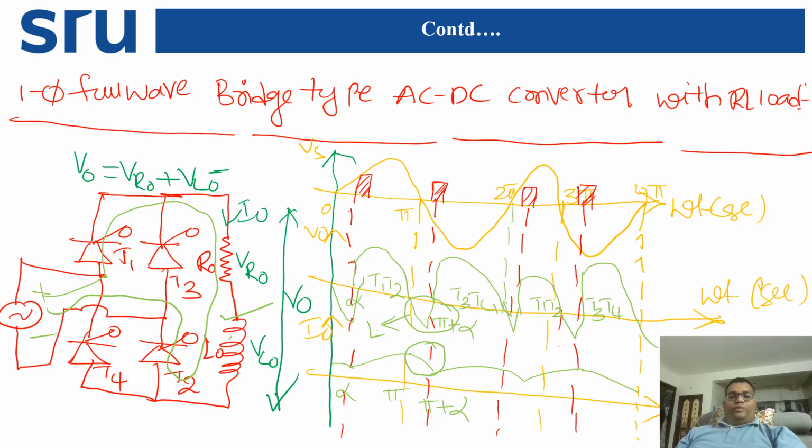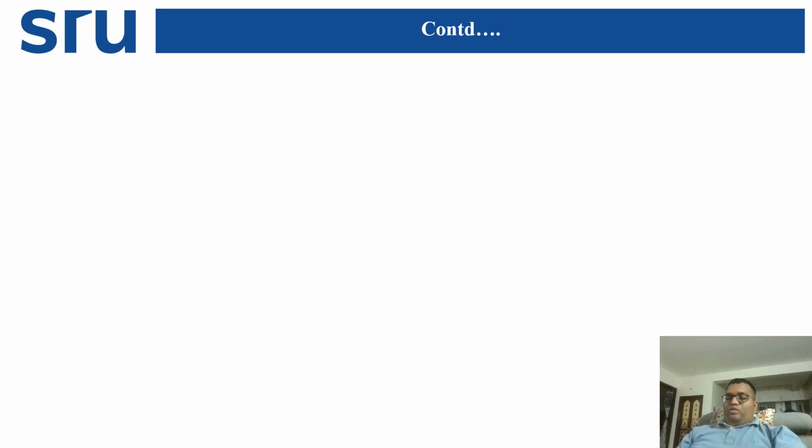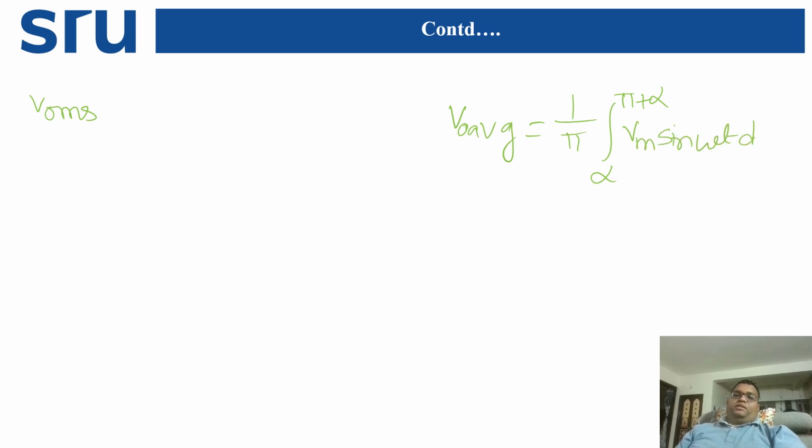For this condition, let us first draw the V naught average, then V naught RMS. V naught average is nothing but 1 by pi integral. Previously it was alpha to pi, now it is alpha to pi plus alpha, Vm sine omega t d omega t.